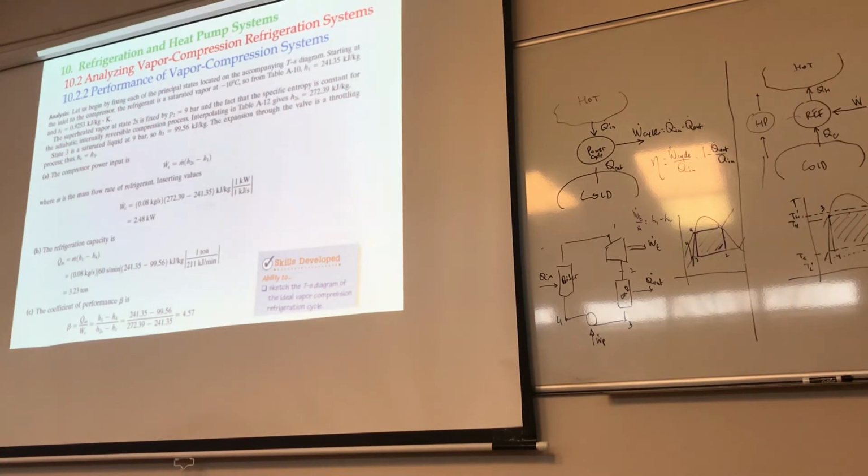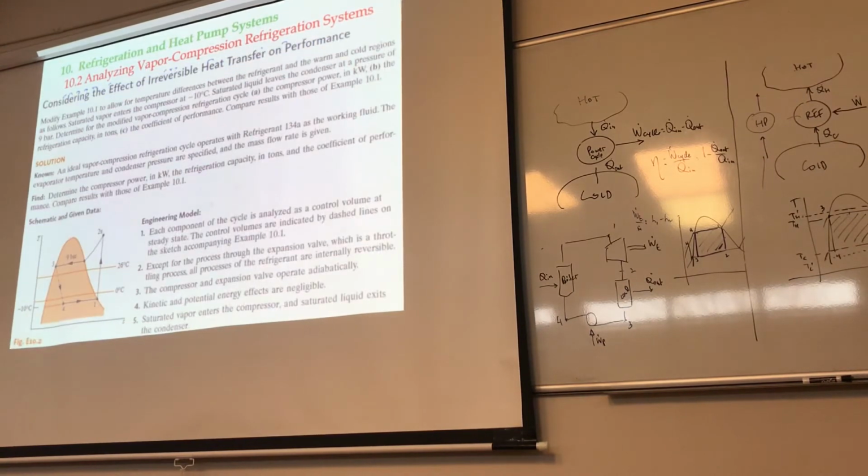You're just using different states to figure out what the values are going to be. State number 1, case number 1, instead of being at 0 degrees, is going to be at -10. That's the only thing that changes. It's still saturated vapor, so you read the value at -10, you read S at -10.